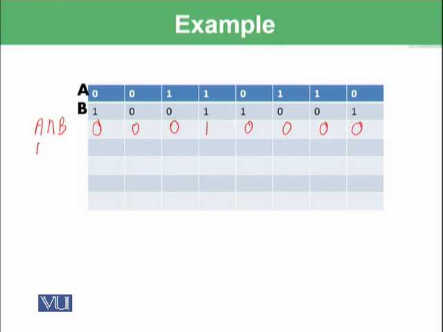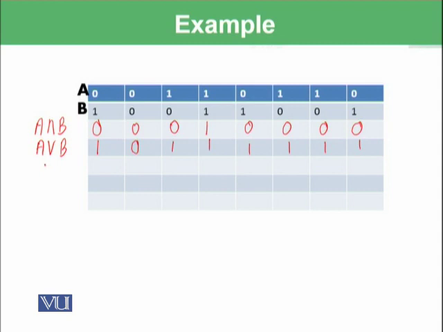And if we perform A OR B, it will give you 1 if either of the inputs is 1. So here B is 1, it will give you 1. It will give you 0 for those where both of the inputs are 0. There was only one condition where both of the inputs were 0, and the result is this.